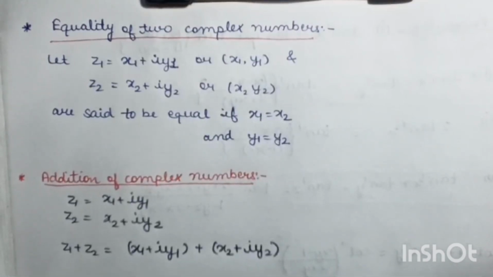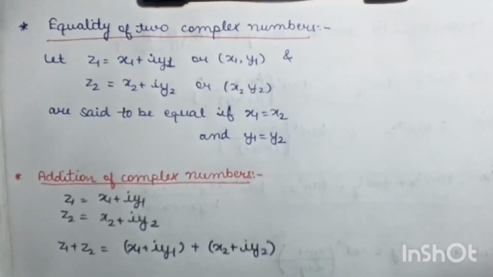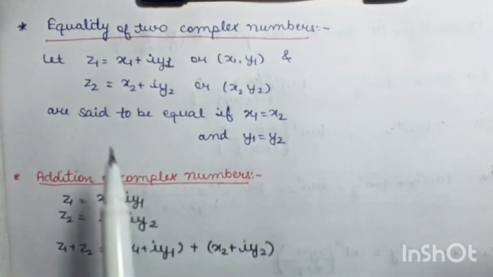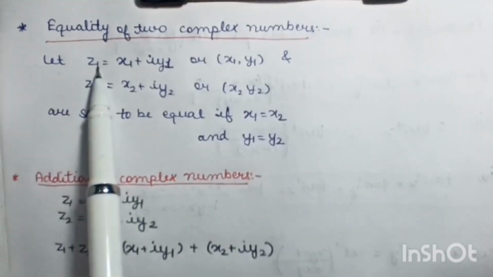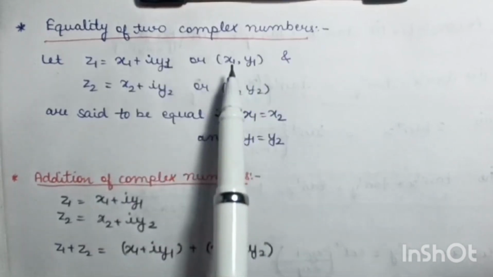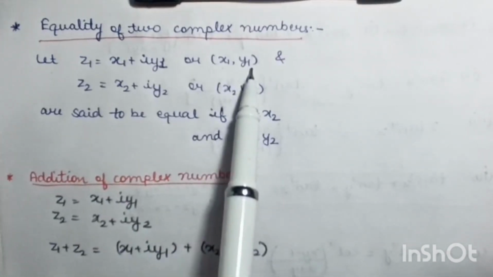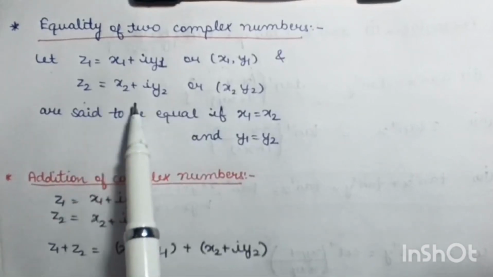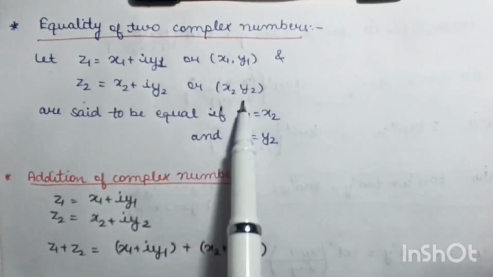Now it is time to study the properties of complex numbers. First is equality of two complex numbers. Let z1 equal x1 plus i y1, or x1 comma y1 in ordered pair form, and z2 equal x2 plus iota y2, or x2 comma y2.